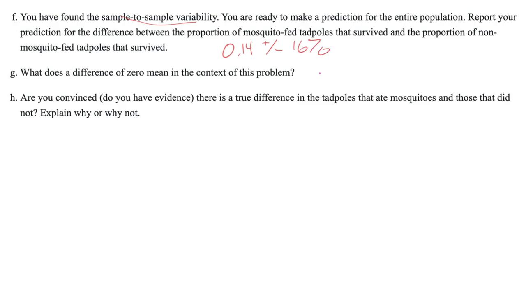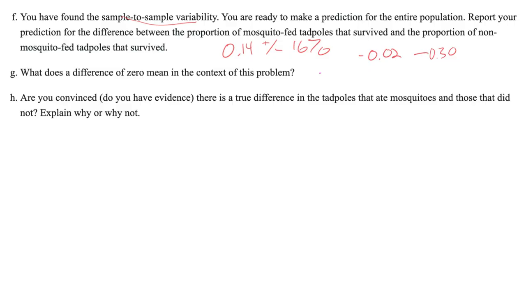So all that is saying is that we have somewhere between negative 0.02 and what would that be? 0.30 positive. So you've got quite a huge range there of what it could be for those values.